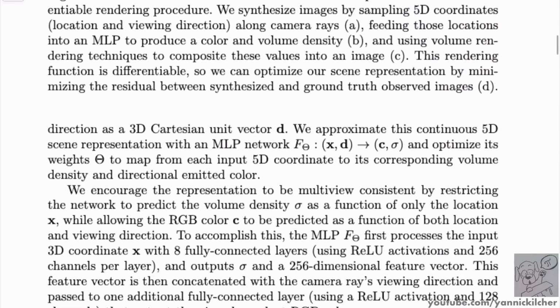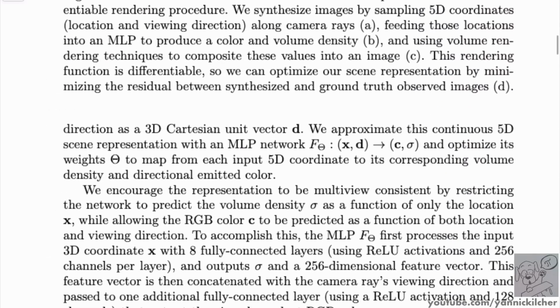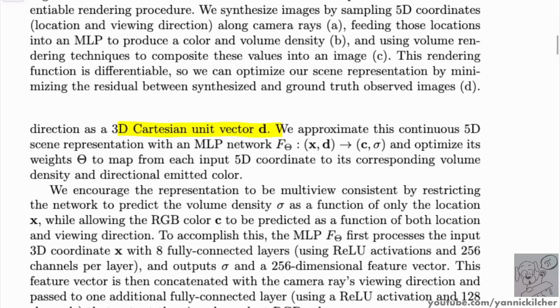So in practice, we express direction as a 3D Cartesian unit vector, and they say we approximate this continuous 5D scene representation with an MLP network. So the network, as we said, this is the input, this is the output, and we optimize its weights to map from each input 5D coordinate to its corresponding volume density and directional emitted color.